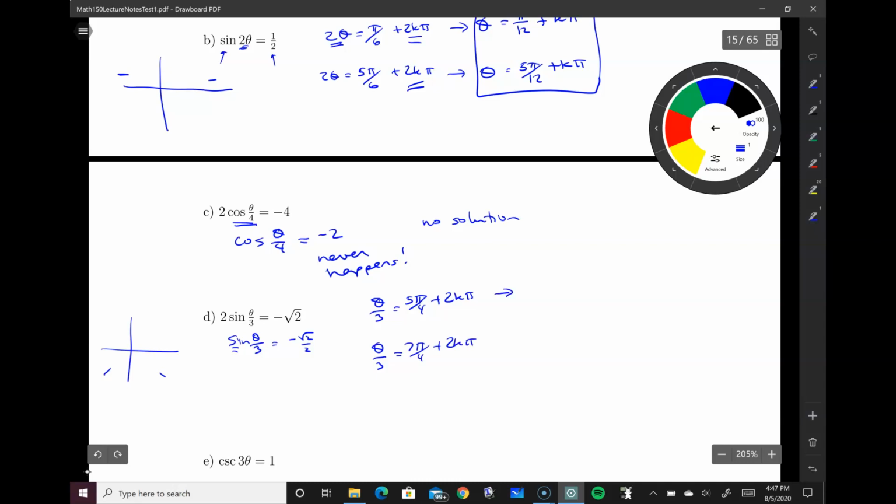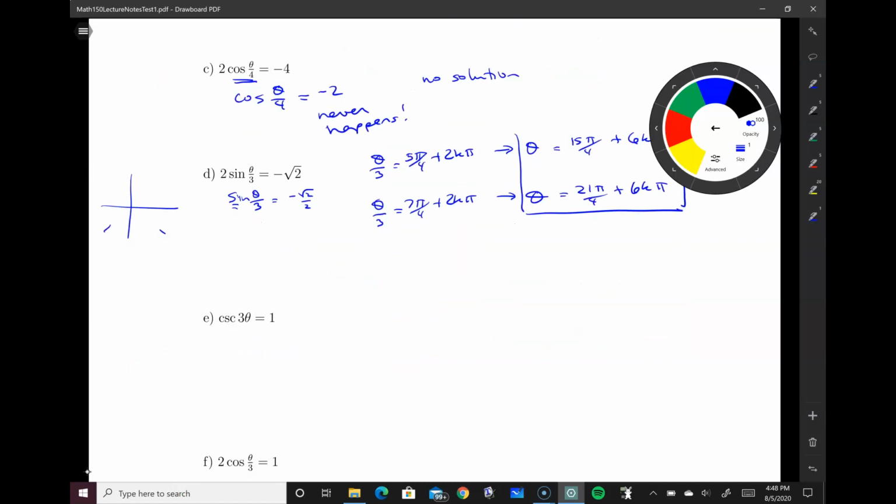So I'm going to take this and I'm going to multiply by 3. So I get theta is 15 pi over 4 plus 6k pi. And from here, I'll get 21 pi over 4 plus 6k pi. So these two are my answers.